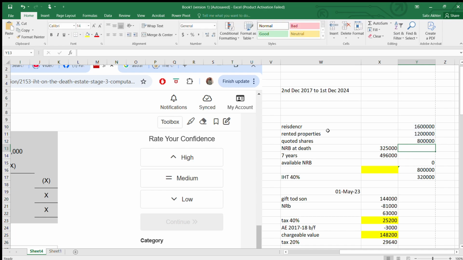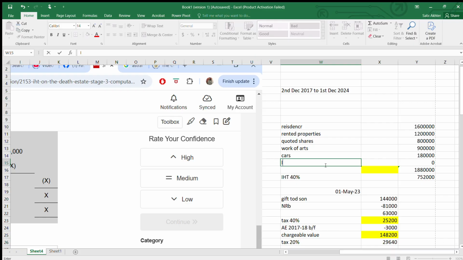Then we have works of art 900,000. Then we have cars 180,000. Then we have life assurance 300,000.